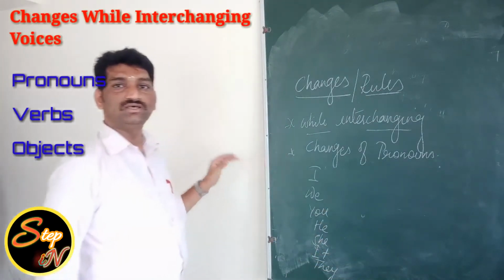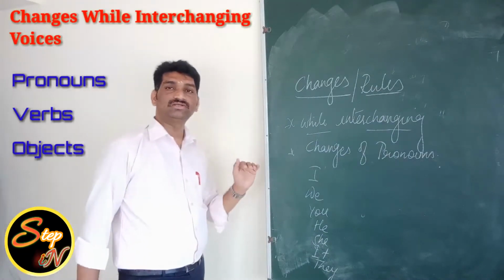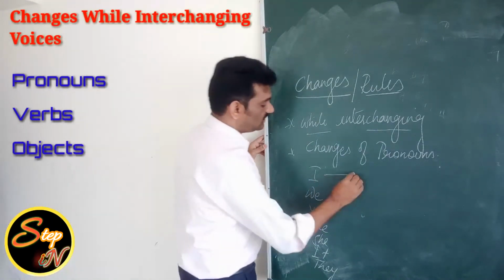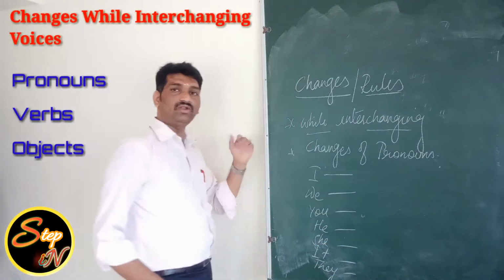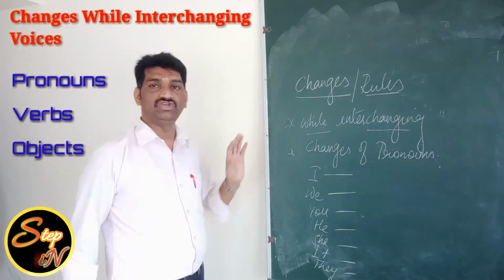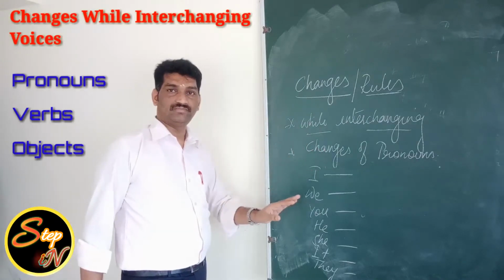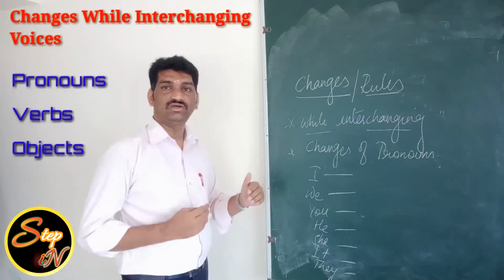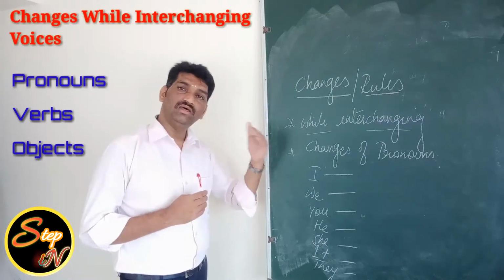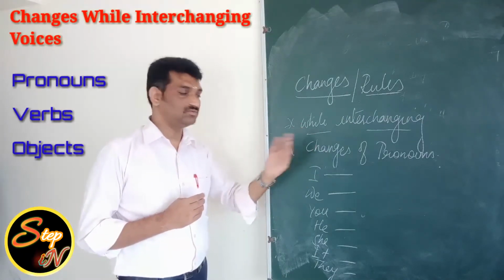So these 7 are the main personal pronouns. When we write in active structure, that will be different. When you are interchanging, then that role will be different. The word will be interchanged with different words. So these 7 pronouns are changed while interchanging, vice versa, active to passive or passive to active.